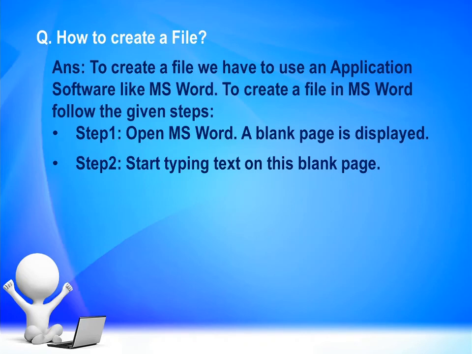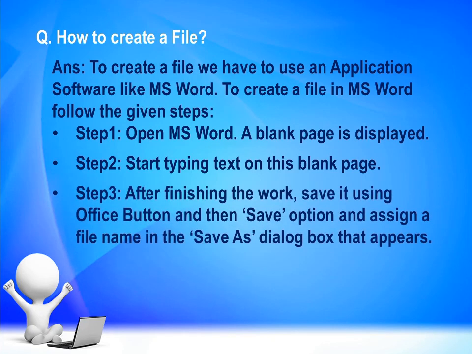Start typing text on this blank page. Step 3. After finishing the work, save it using Office button and then Save option, and assign a file name in the Save As dialog box that appears. New Word file will be created.